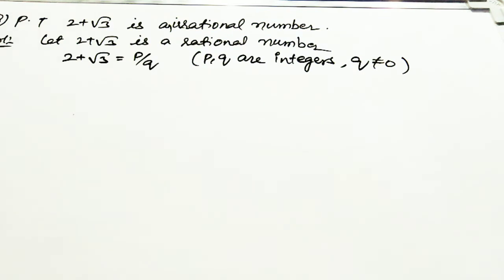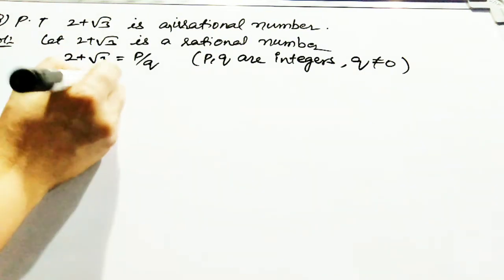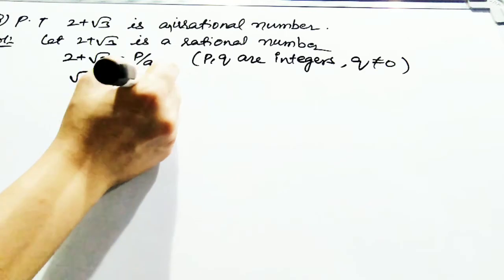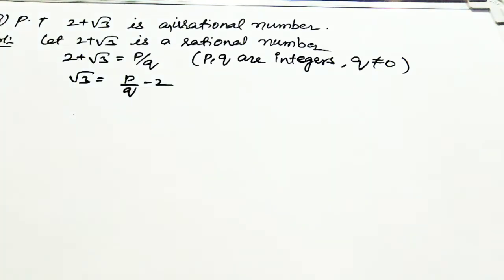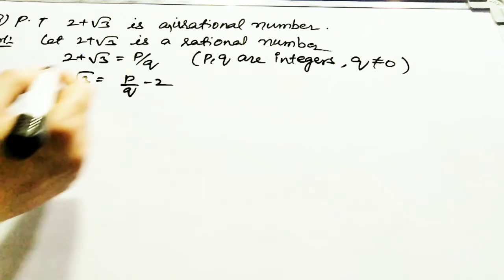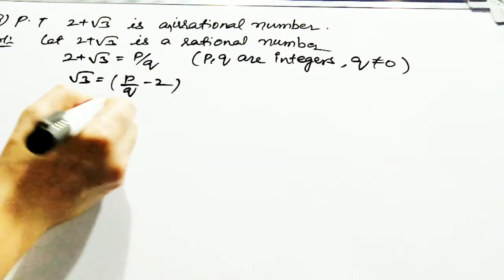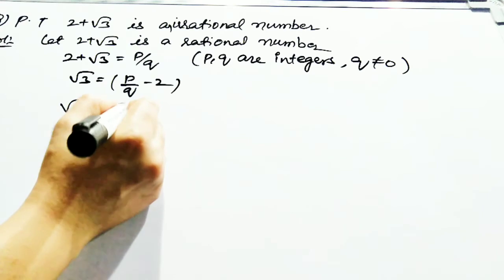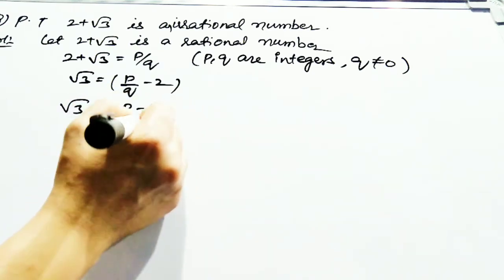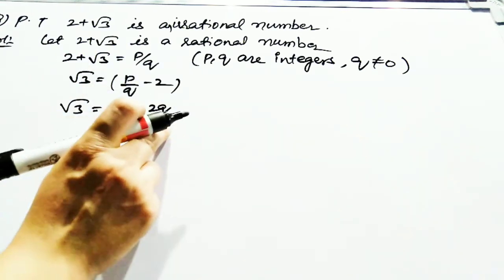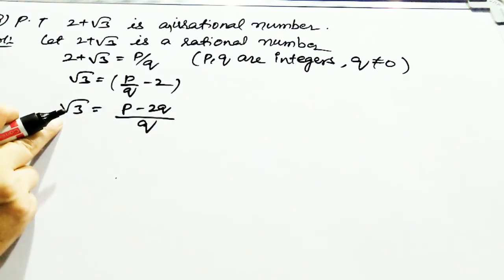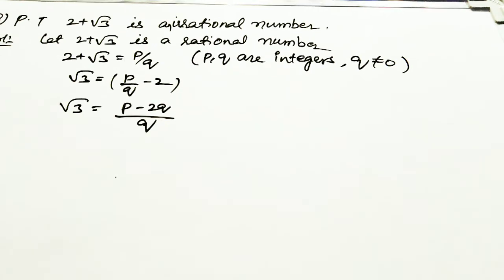So root 3 equals p by q minus 2. Taking the denominator, you can write it as p minus 2q by q. It is in p by q form, which means it is a rational number, but root 3 is an irrational number.